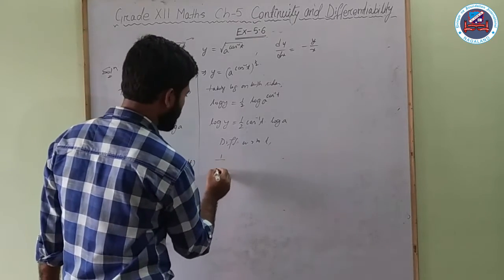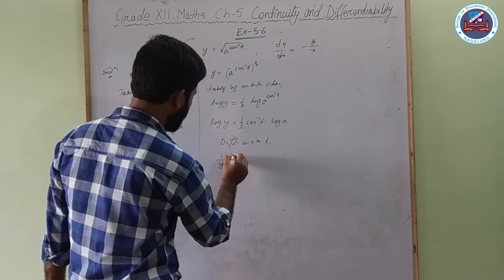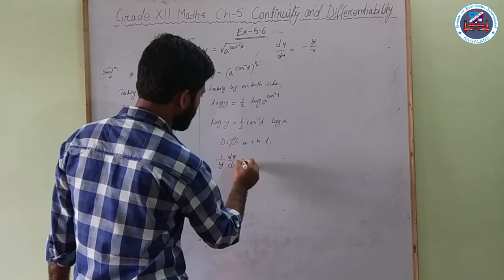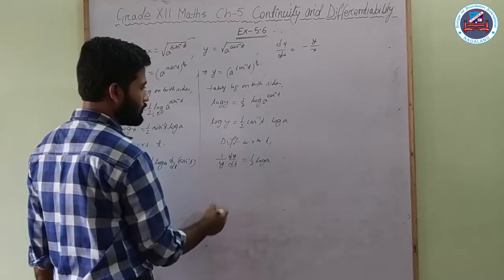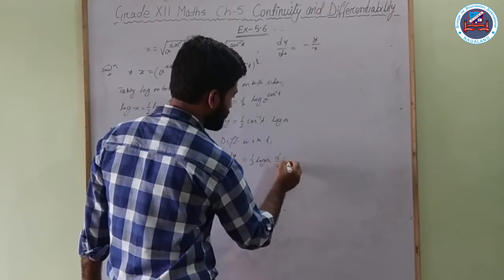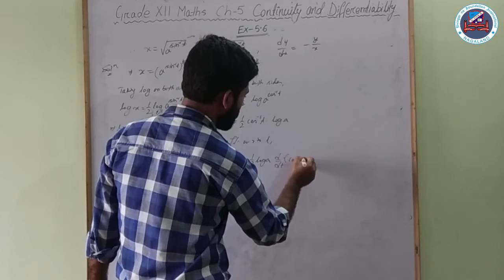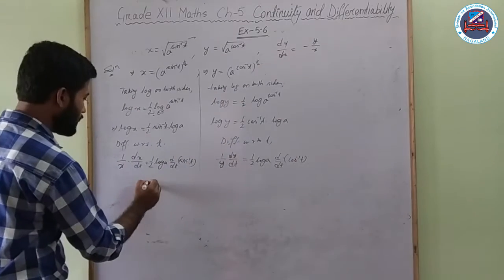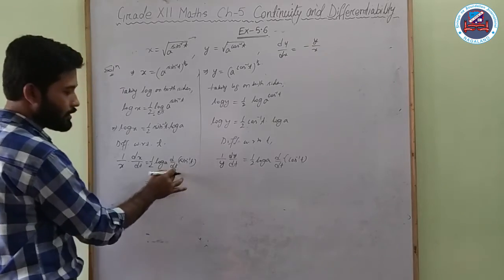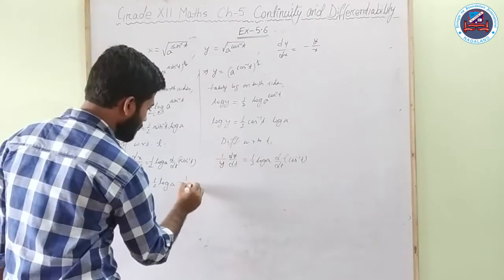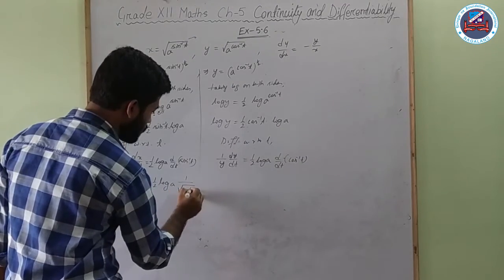Similarly here we shall have 1 by y dy by dt is equal to 1 by 2 log a, it's a constant so bring it here, d/dt of cos inverse t. Now this is equal to half of log a, and d/dt of sine inverse t is 1 by root over 1 minus t square.